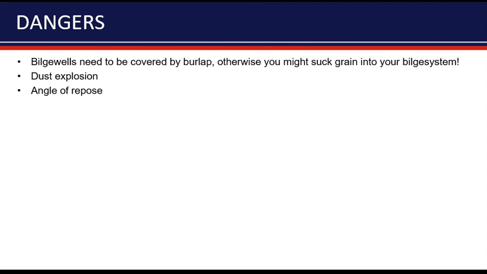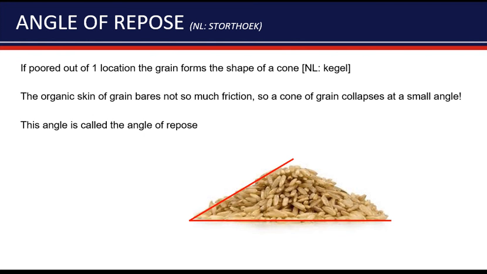Another danger is the angle of repose of grain. If you pour grain out of one location inside the cargo hold, the form which forms is the shape of a cone, in Dutch a kegel. Due to that, the organic skins of grain are a bit slippery.